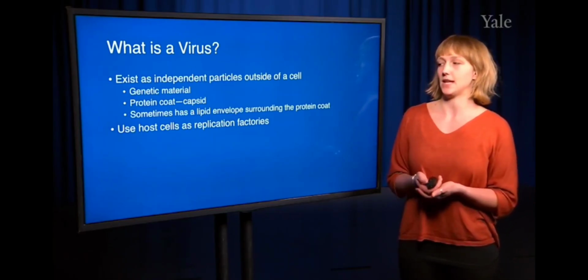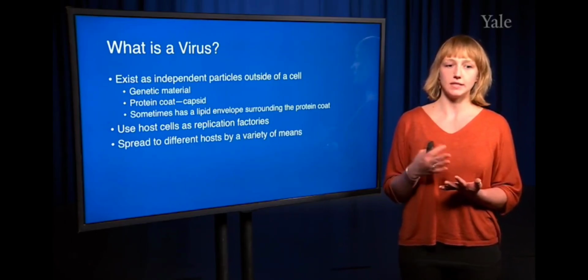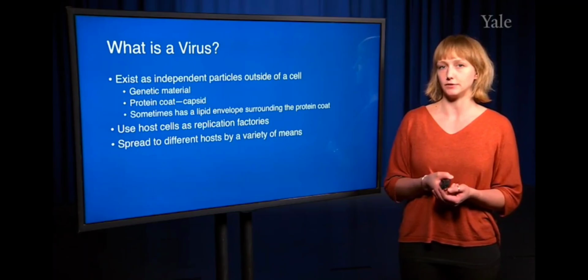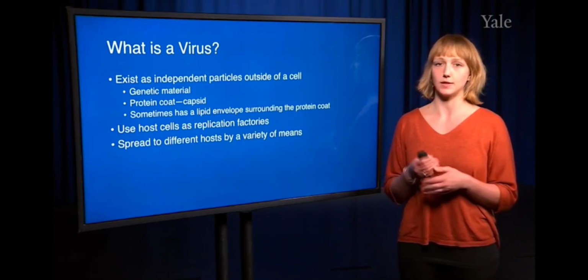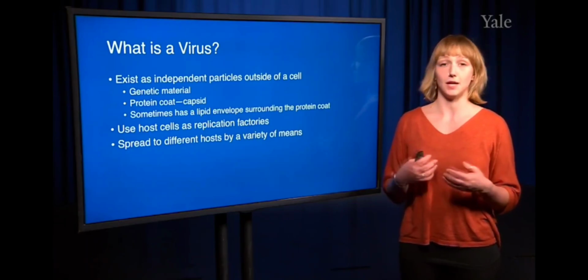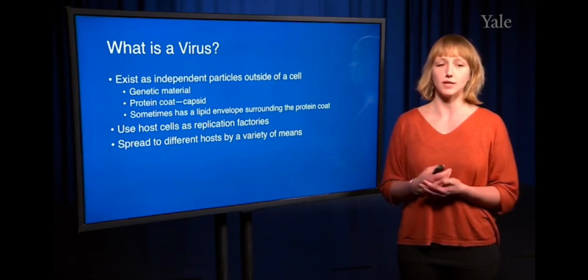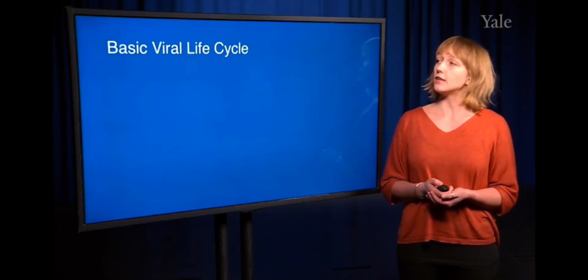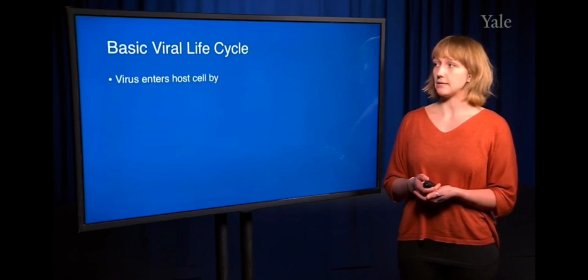Viruses can be spread to different hosts by a variety of different means, depending on the tissue that the virus infects. For example, viruses that infect lungs are often spread by sneezing or coughing, like the influenza virus. If we look at the very basic viral life cycle, viruses typically enter the cell by a couple of different means.